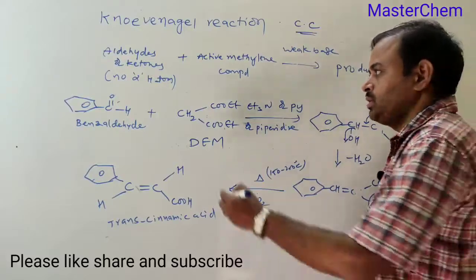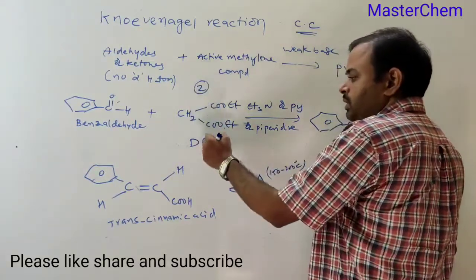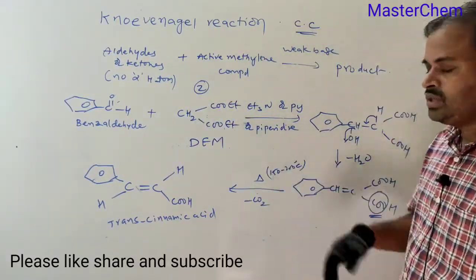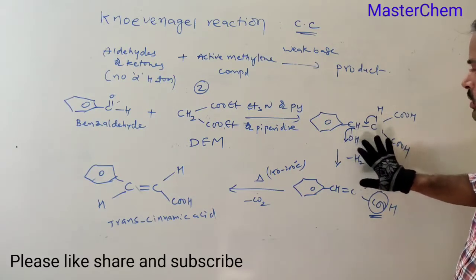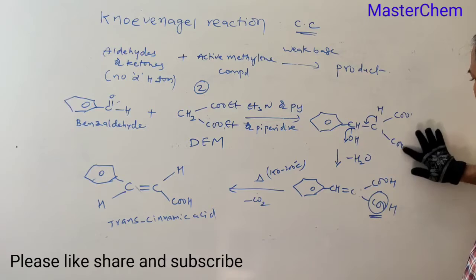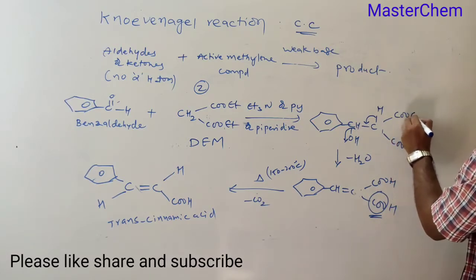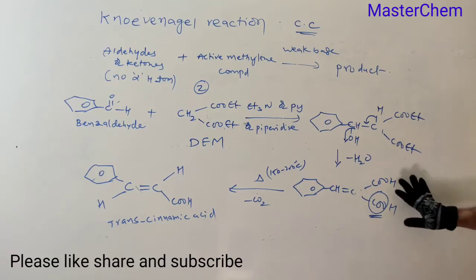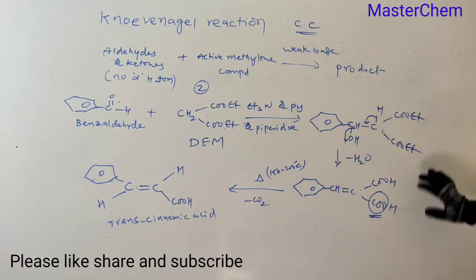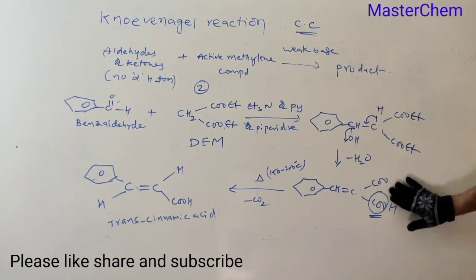So diethyl malonate in presence of a weak base. What is the product? Same CHOH, but here COOEt and COOEt.